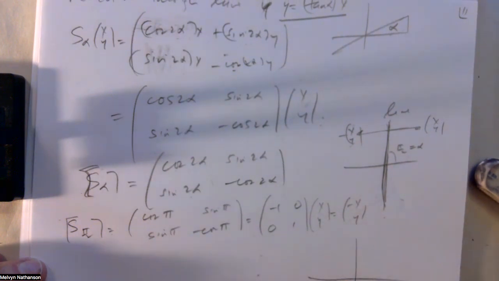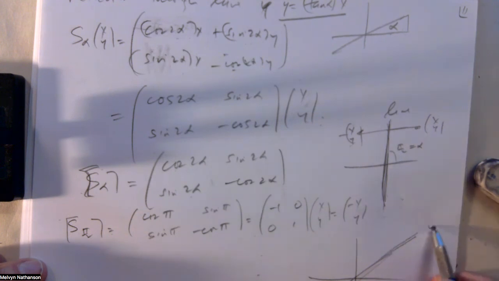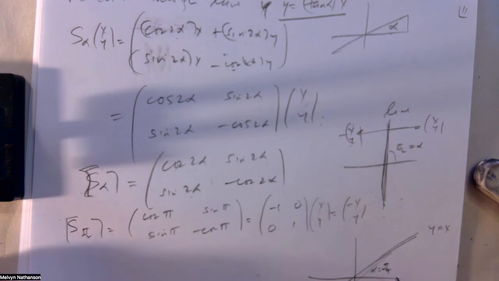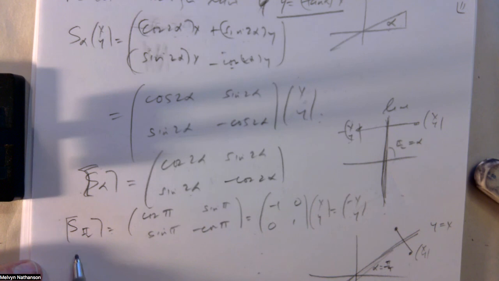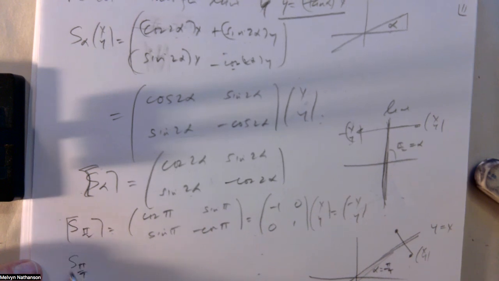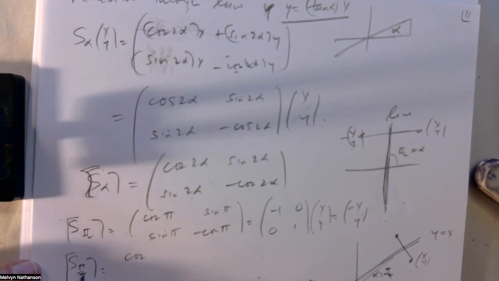Let's do another nice example. Suppose we take the line y equals x. That is, alpha is pi over 4. So we take a vector xy, we reflect it through this line. What do we get? Let's see. So S pi over 4, that matrix is cosine, so 2 times pi over 4 is pi over 2.